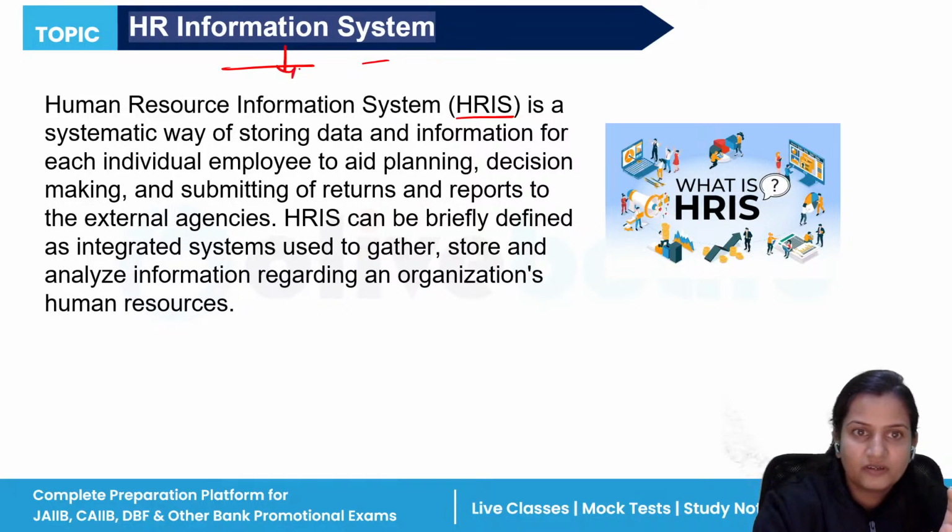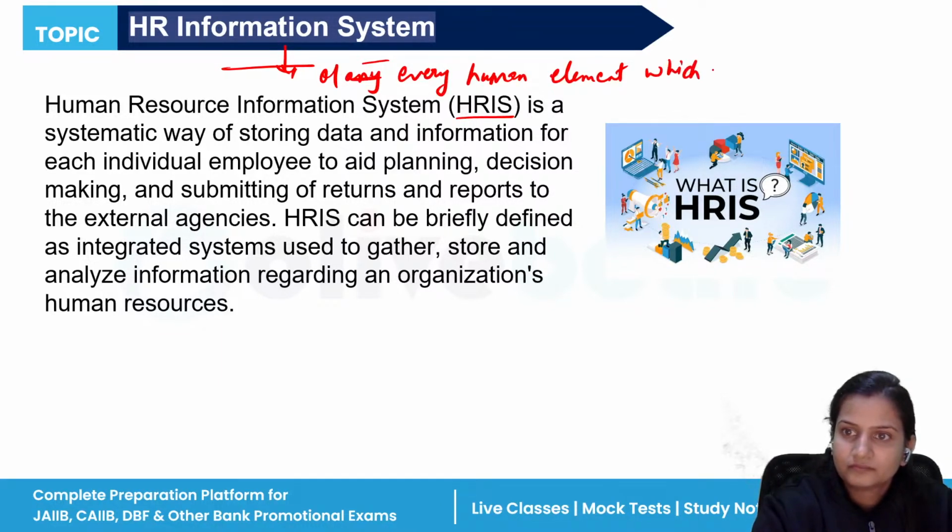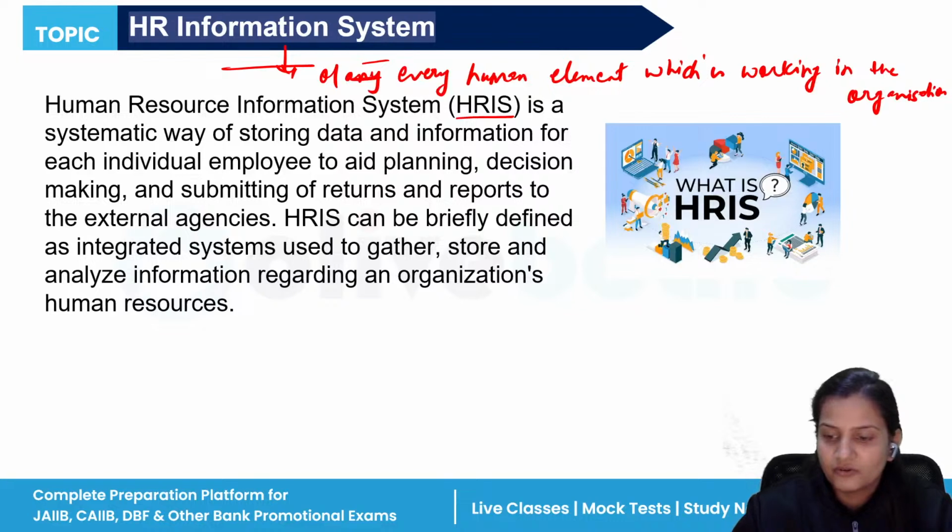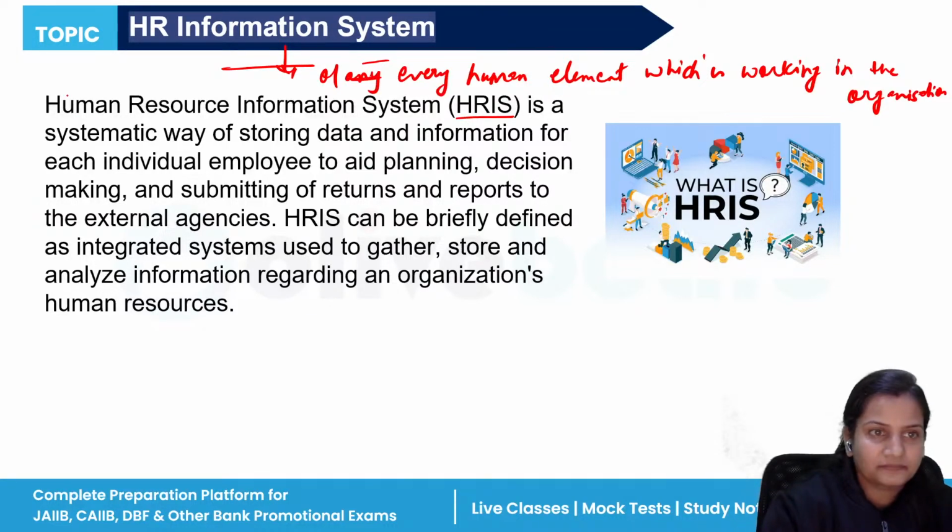It is a database where all information of every human element working in your organization is stored, so that if anyone wants that information, they can easily disseminate it with the help of others as well.